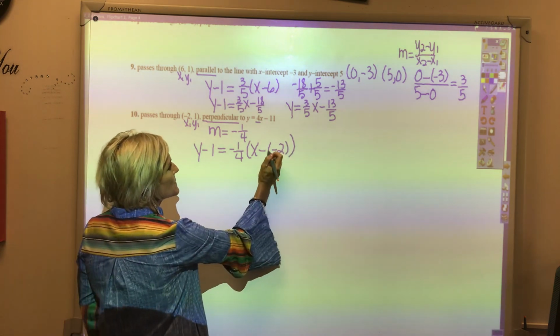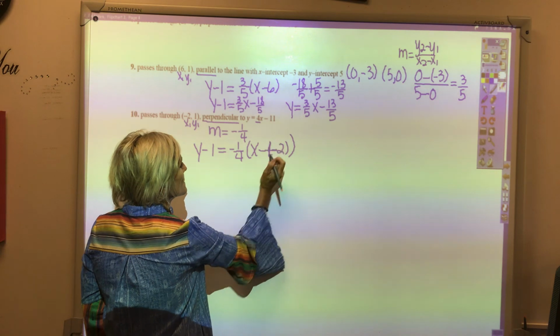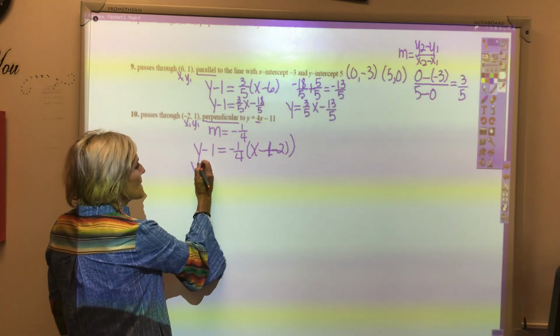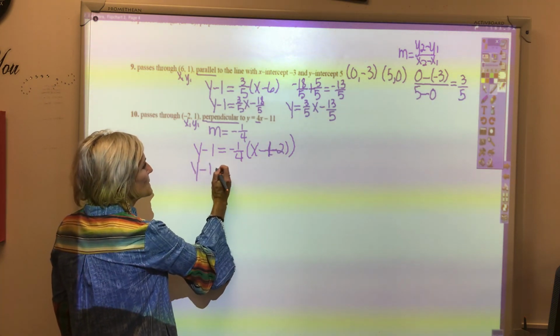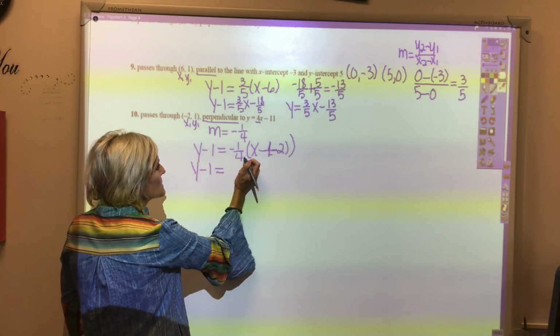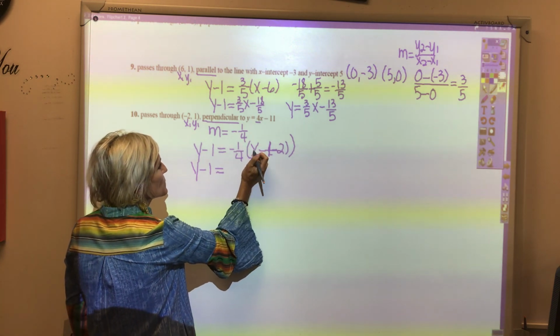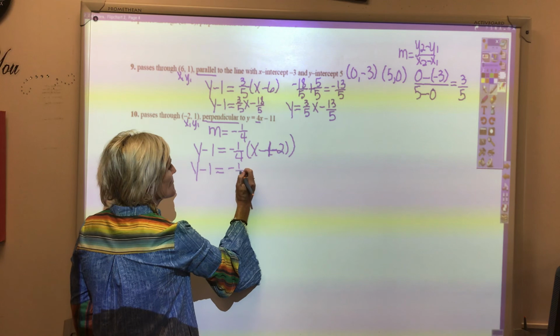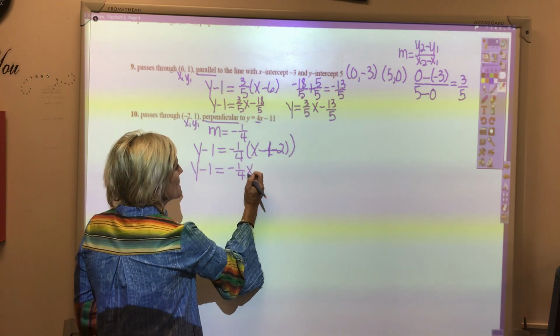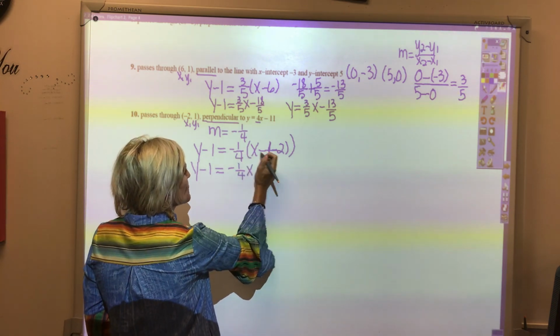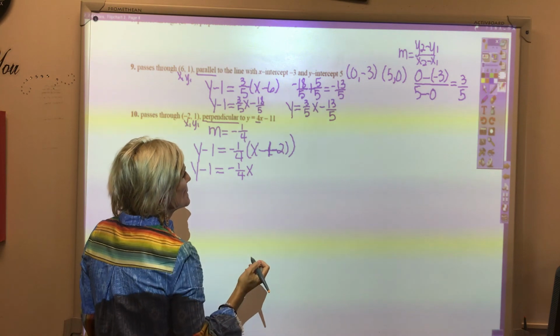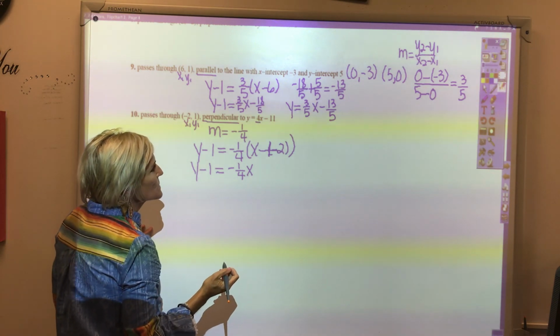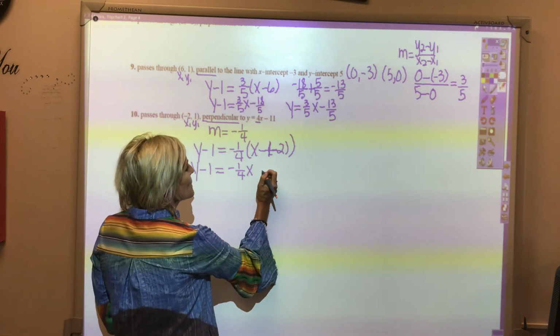Turn the minus negative into a plus. Keep the left side the same. y minus 1 equals, distribute, -1/4 times x is -1/4 x. And -1/4 times 2 would be equal to -1/2.